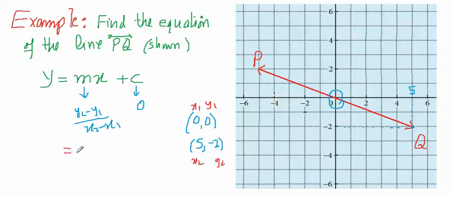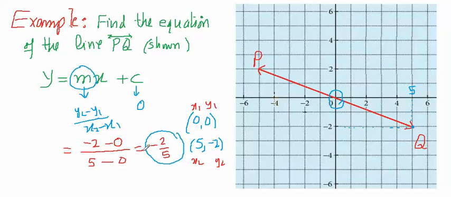So then substituting the values, y2 is -2, and y1 is 0, over x2 is 5 minus x1 is 0, so this is -2 over 5. Now we will replace this value here.